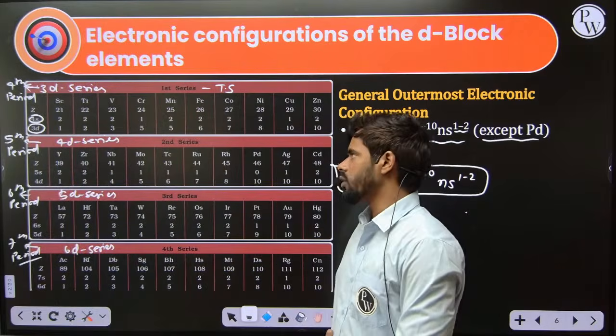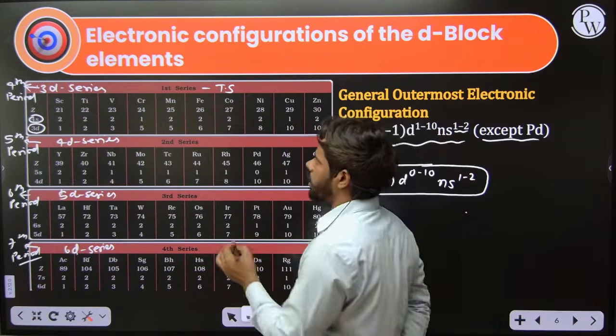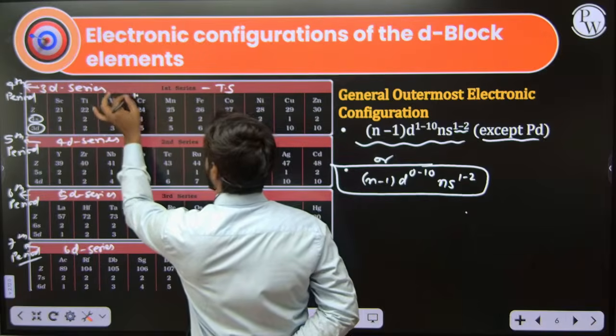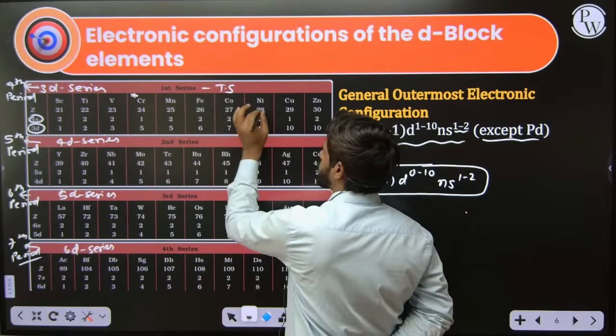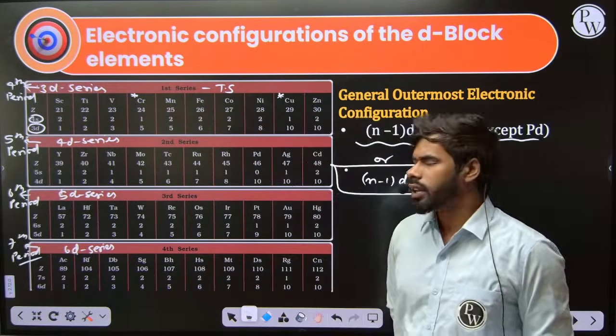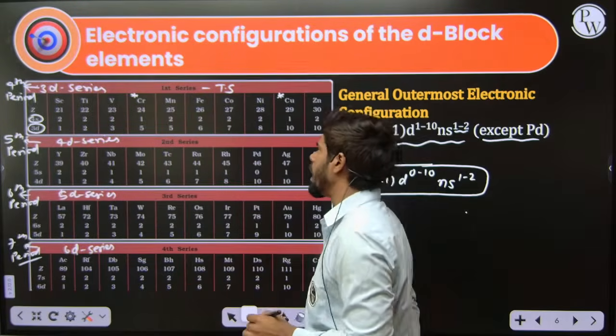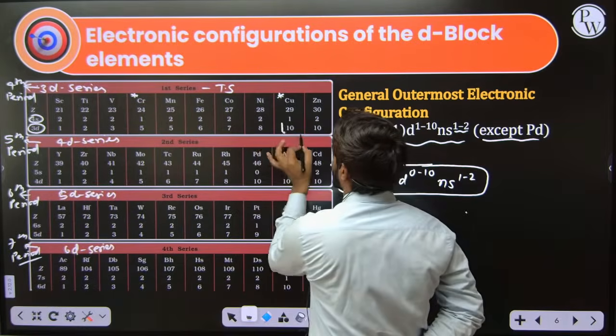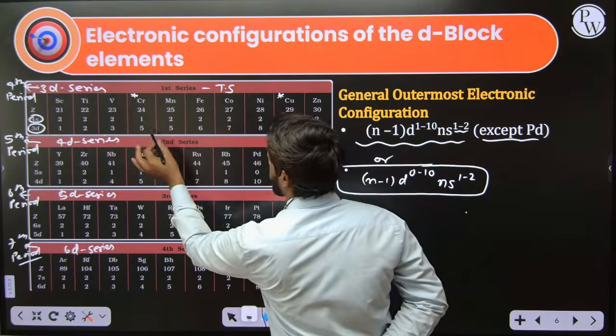Where the exceptions are, that is chromium and copper, it is due to the fully filled and half filled orbitals, which are more stable.